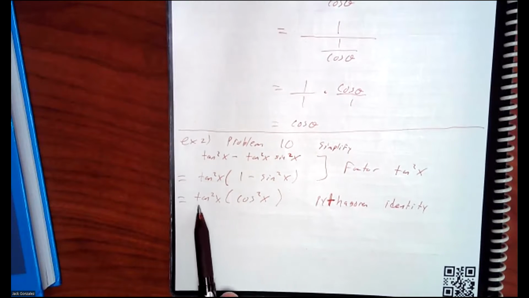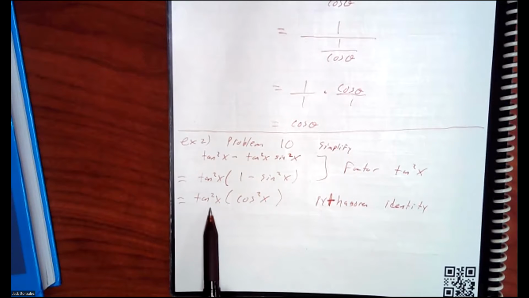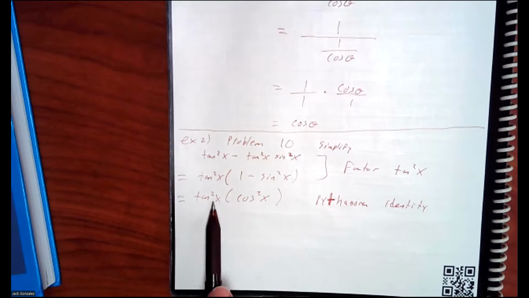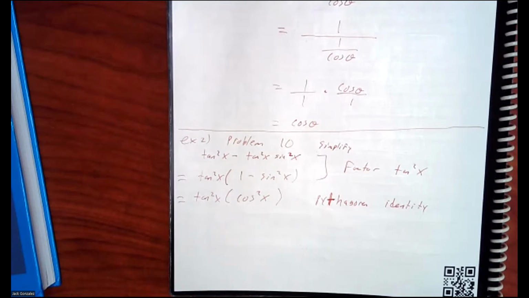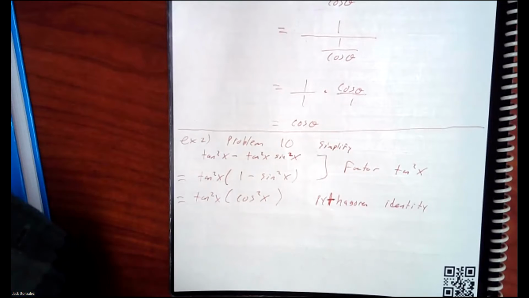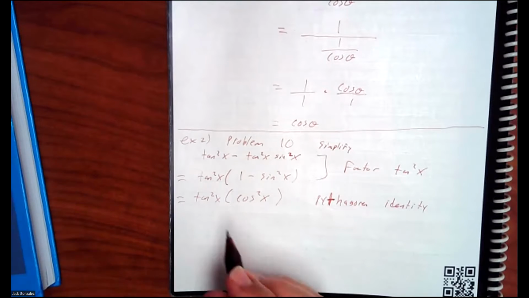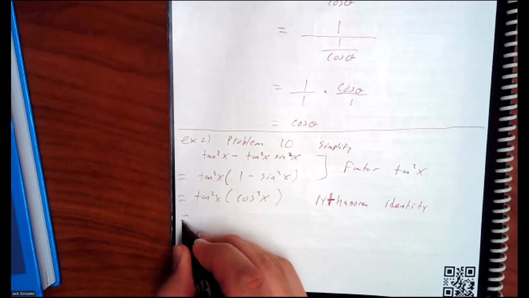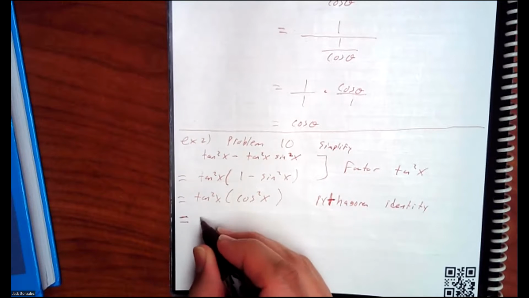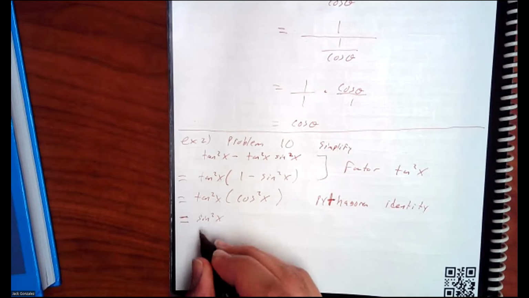When you see a tangent, you should consider changing it to a quotient, a ratio. So what is tangent as a ratio? That's true, but yeah, let's use that one though. Do you see why?